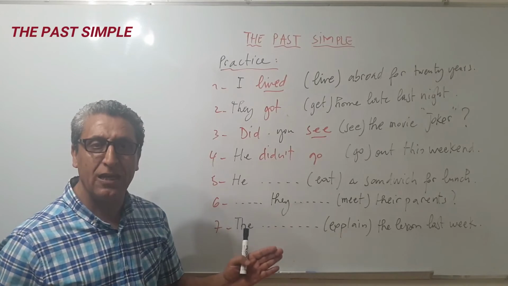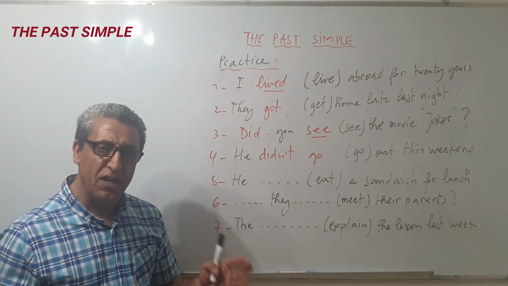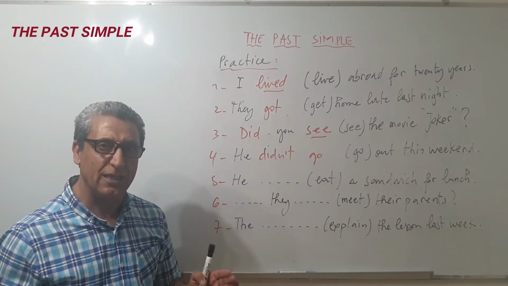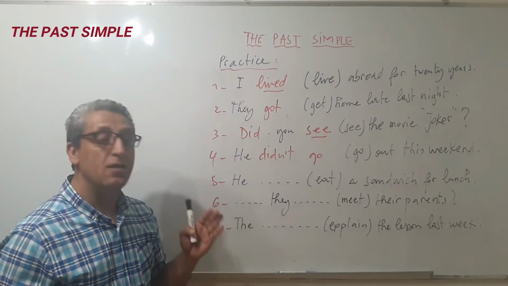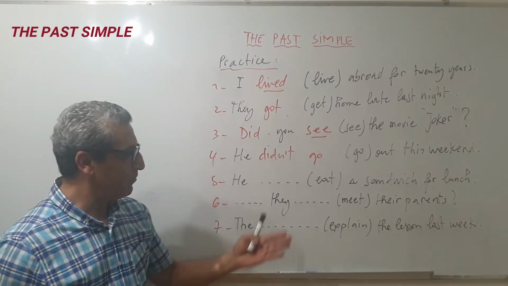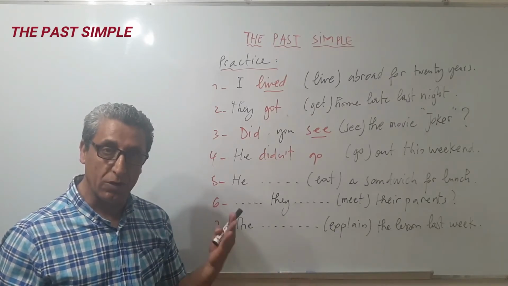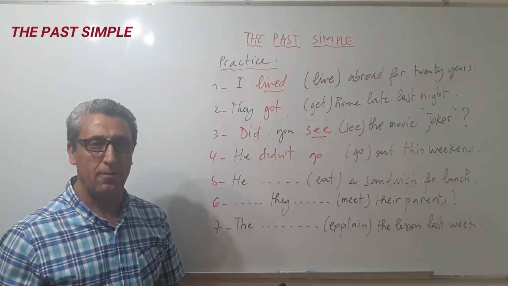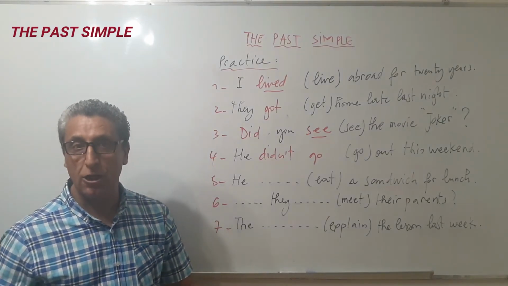So what happens in the affirmative form? The verb, is it in the infinitive form or is it conjugated? Yes, thank you. It's conjugated. Now the question, is it regular with ed or irregular? Yes, very good. So it is an irregular verb.